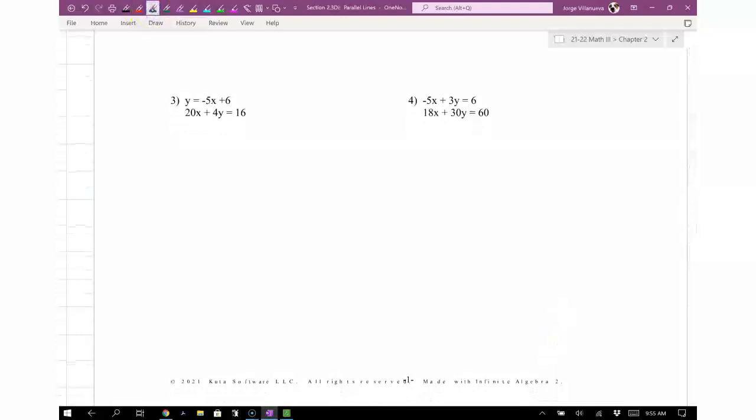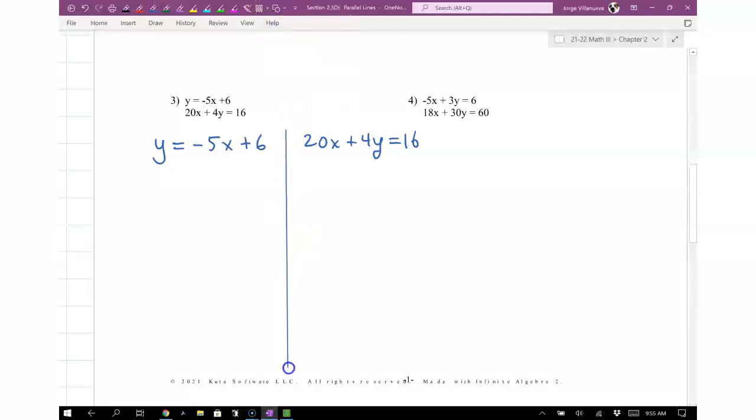Let me write this out: y equals -5x plus 6 and 20x plus 4y equals 16. I just wrote both equations out. If you want a separation between the two, you can draw a vertical line here. That way you can separate your work.